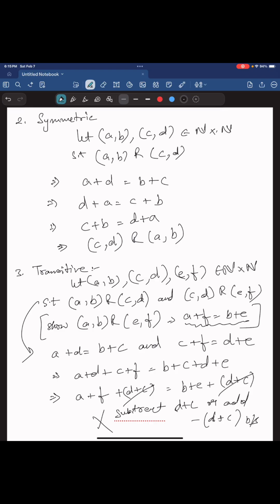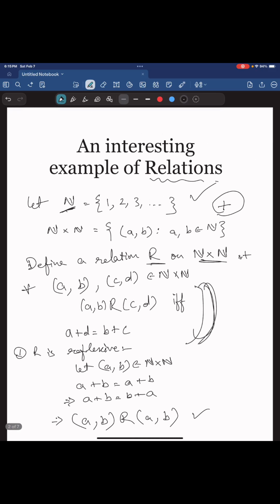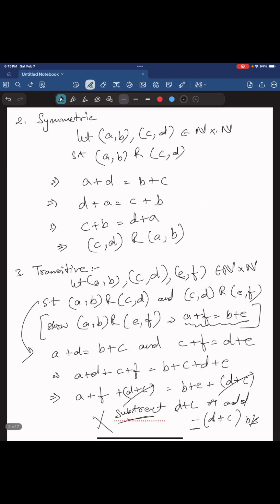I'll show you at the end. Intentionally, I'm not going to use the negative sign or subtraction. Originally we have the set of natural numbers and addition only. We are not going to use subtraction or negative numbers. So in order to prove this, let's see what we will do.